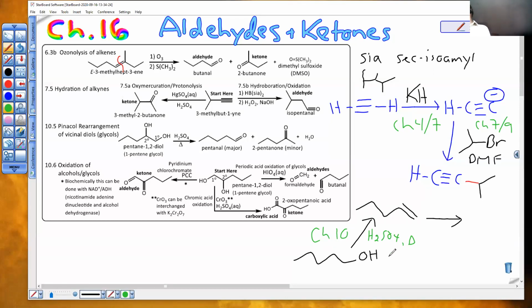Chapter 10, dehydration of alcohols. And then we can create our vicinal diol going back to chapter 6 using a special kind of osmium reagent, OsO4, and using some kind of a peroxide, like tert-butyl hydrogen peroxide, and you will make a vicinal diol, as we have in the 10.5 review in the box.